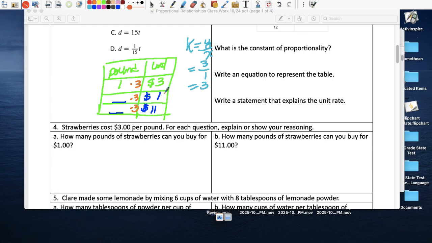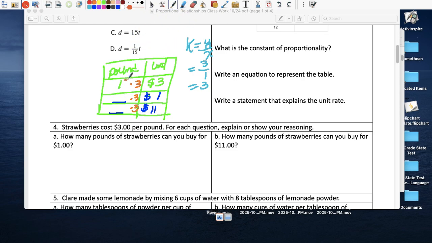So how do we find our mystery number? To find it, we're going to divide 1 by 3, or multiply 1 by, which is rather what I want you to think of, the reciprocal of 3.